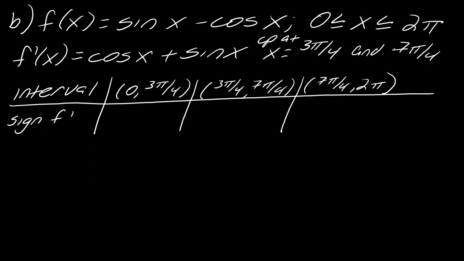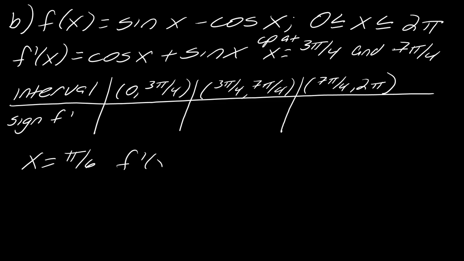If you're playing along and plugging in different values here, it might be in your best interest to have the unit circle so that you can think through all the signs. You can still use the same reasoning, right? For something between 0 and 3 pi over 4, I could choose something as small as pi over 6.